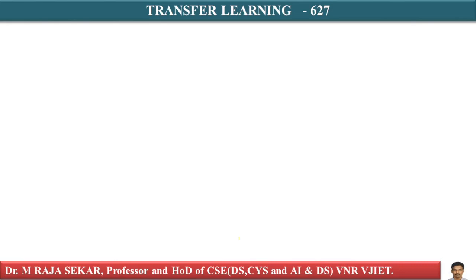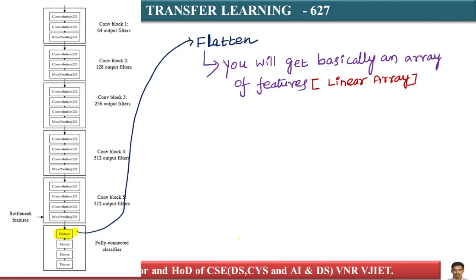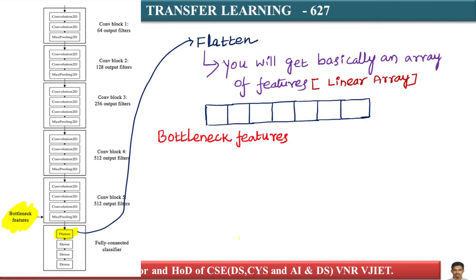You will get basically a linear array of features. These features are called bottleneck features, isn't it? That's what it says.